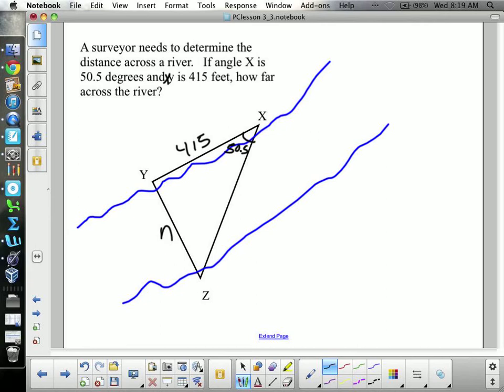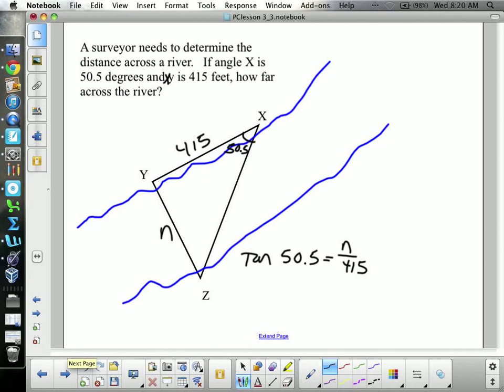Most of the problems tonight are this level. This would just be tangent of 50.5 equals n over 415, and it's easy to solve for n from there.